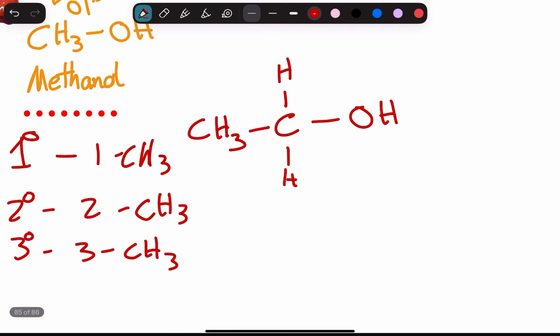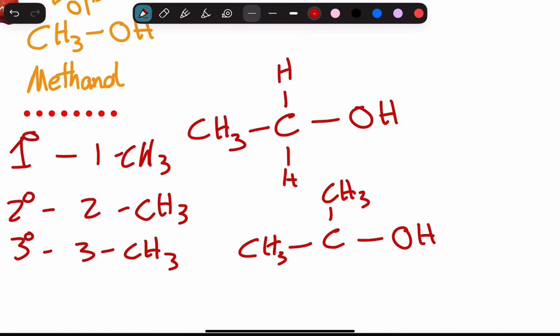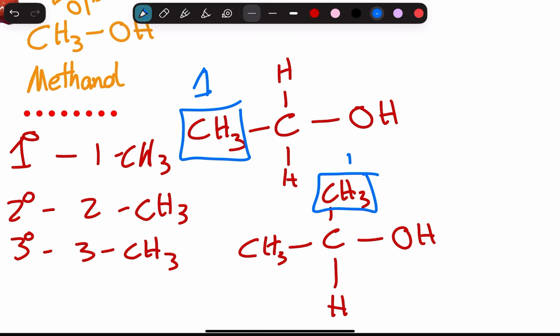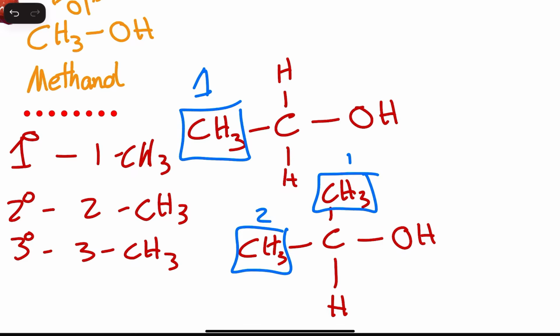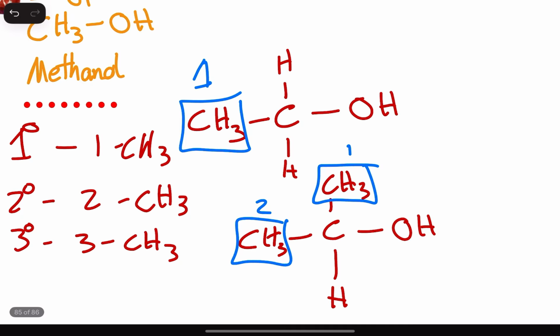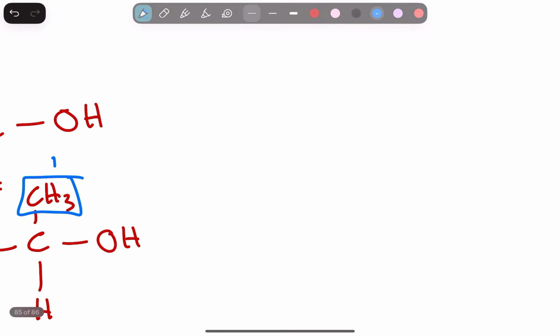A 2 degree alcohol would look like this. Instead of a hydrogen up here, we have a carbon group, and then our hydrogen down here. So I'm just going to highlight this is 1, this is 1, and 2. So this would make it a secondary alcohol because the hydroxyl group is bonded to 2 carbon groups. And then finally, our 3 degree alcohol would look something like this.